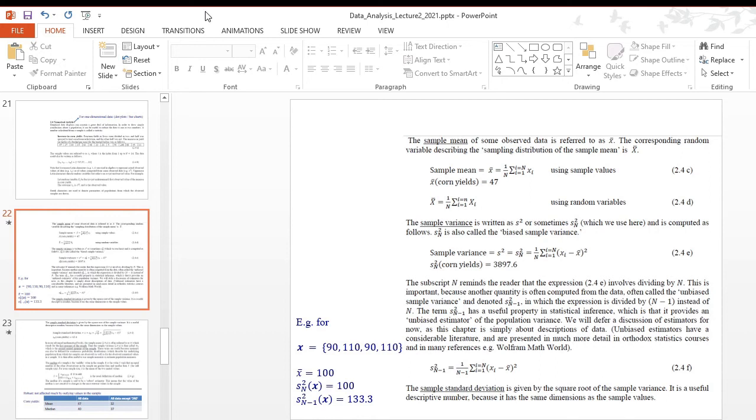You might think, well, what on earth is the reason for this? Well, it turns out, if you read in some depth the algebra of dealing with statistics, your s squared n minus 1, sometimes called the population variance, has a useful property: equation 2.4f provides what's called an unbiased estimator of the population variance.